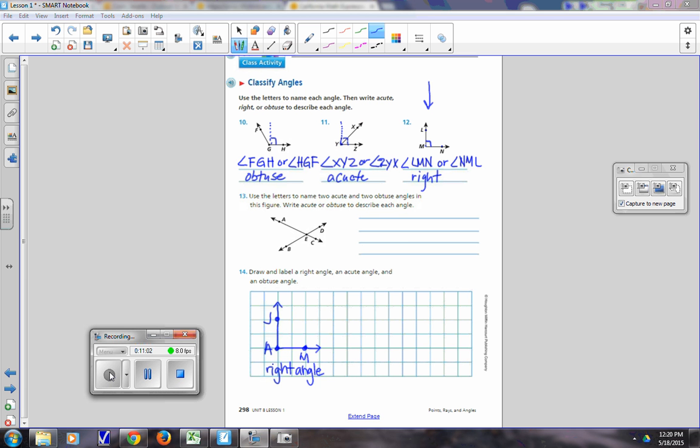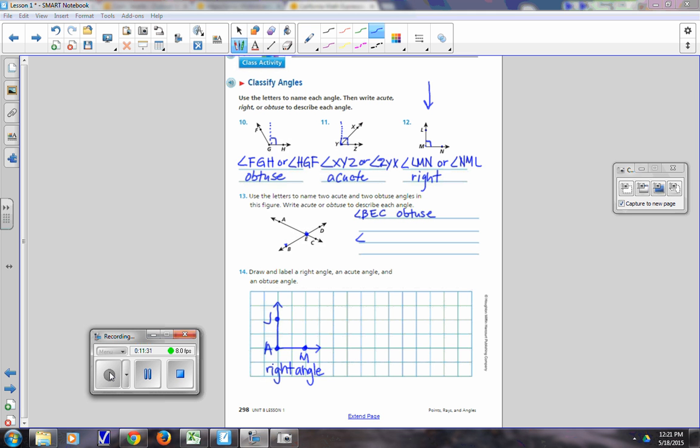And then your vertex here is going to be E, and you're going to name an obtuse angle would be angle BEC is obtuse, and I will do one acute, which means you need to come up with another obtuse and another acute.